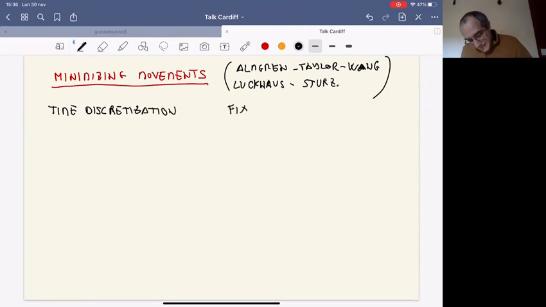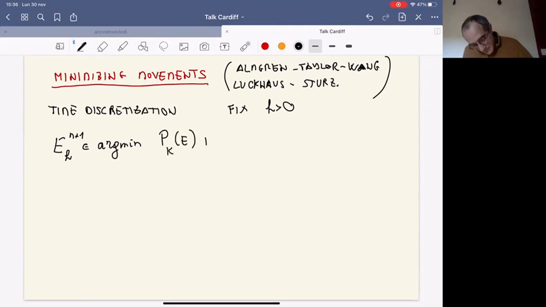You fix a positive parameter h, which is a short time, and then you construct by iteration E_{n+1} as the argmin of the following energy: the perimeter of E plus, and then you integrate on E, with a minus if I define it this way, the signed distance function from the set E_n.